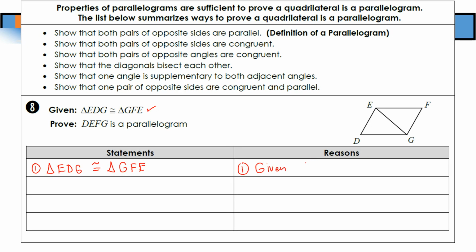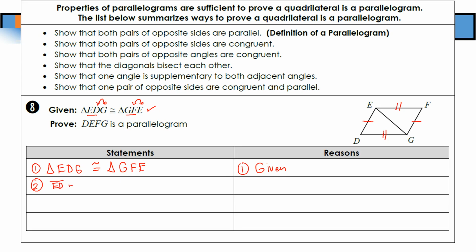Now, there's lots of markings that we can make on the diagram here. I'm just going to do this. I know that if these are congruent triangles, that their corresponding sides are congruent, right? I know that DE, as I can see here, corresponds to GF, and they're congruent. I know that EF, which is right here, corresponds to DG. Let's mark that as our second statement.